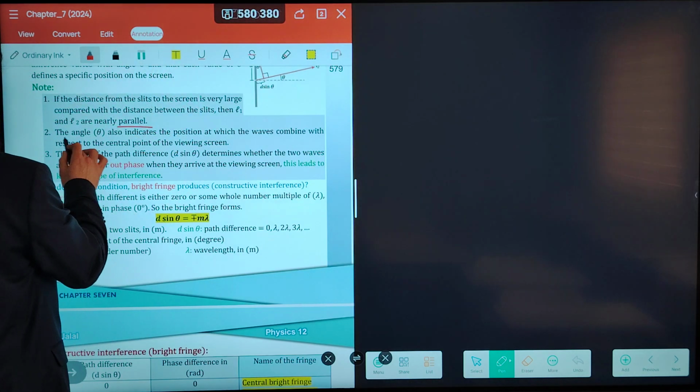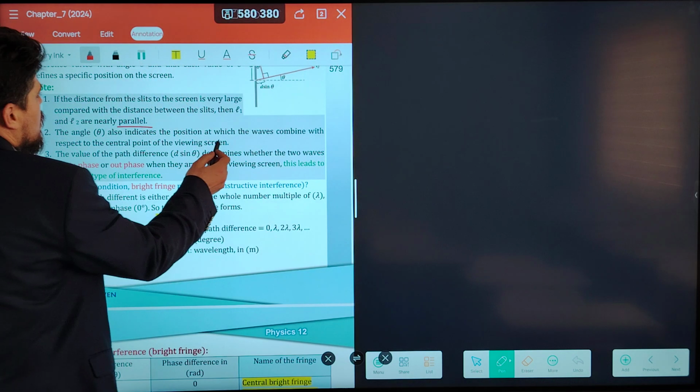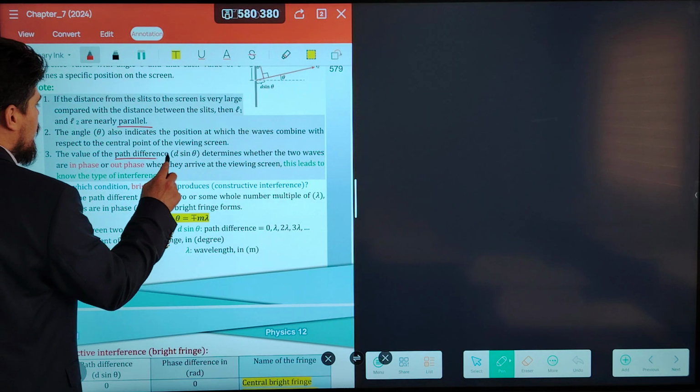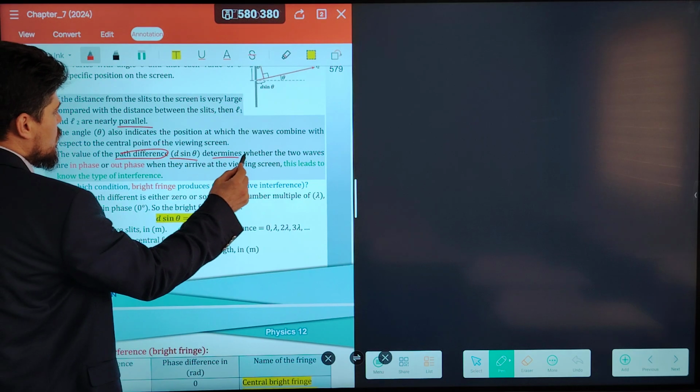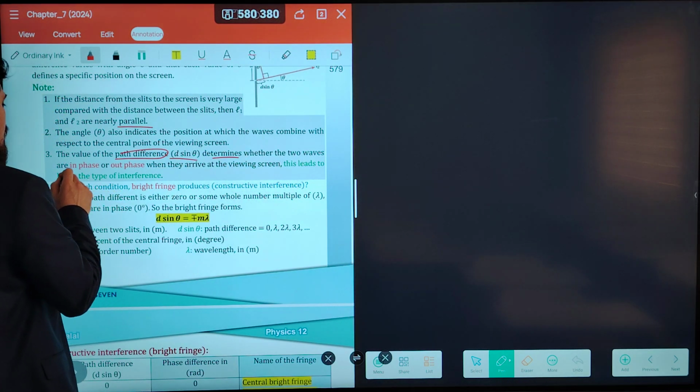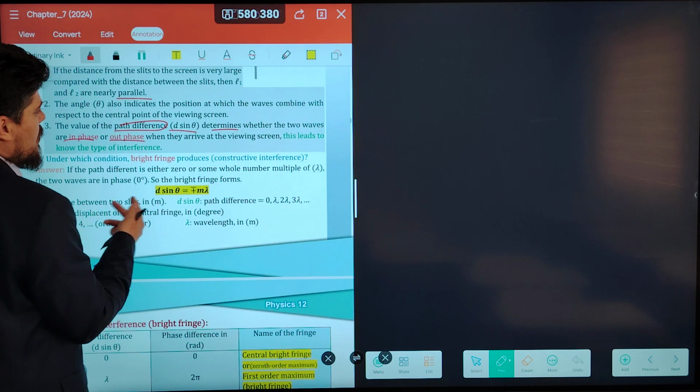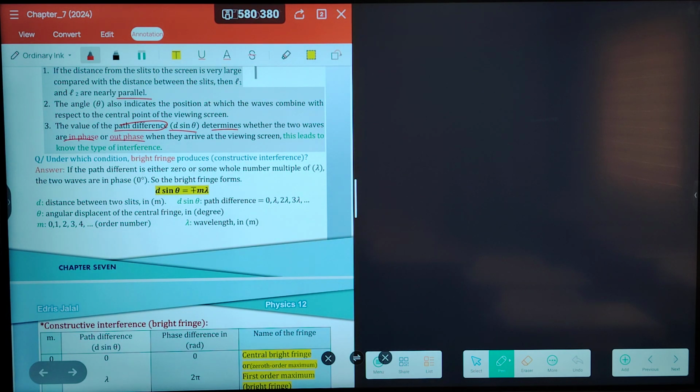The angle also indicates the position at which waves combine with respect to the central point of the viewing screen. The value of path difference, d sine theta, determines what? Whether the two waves are in phase or out of phase when they arrive at the viewing screen.